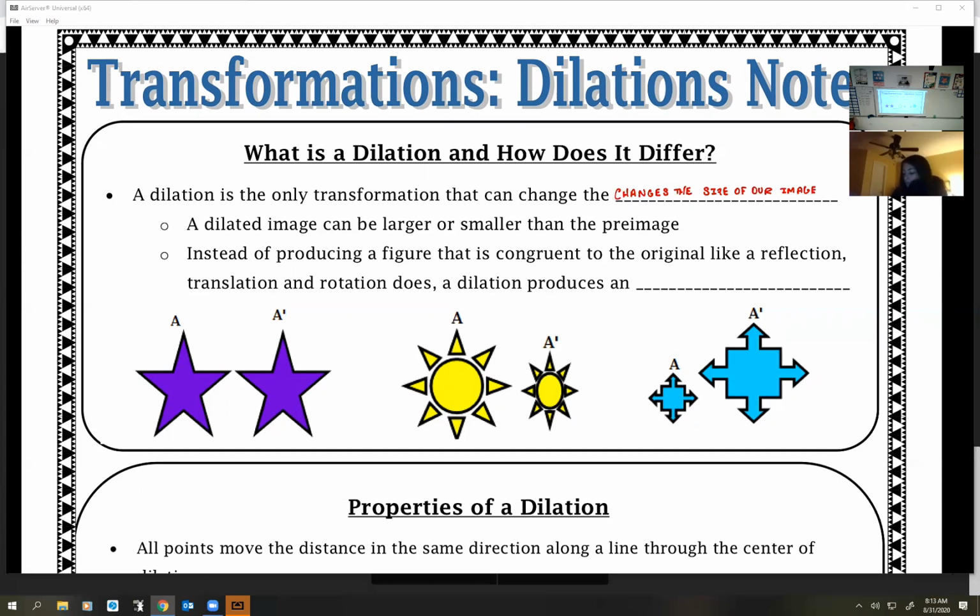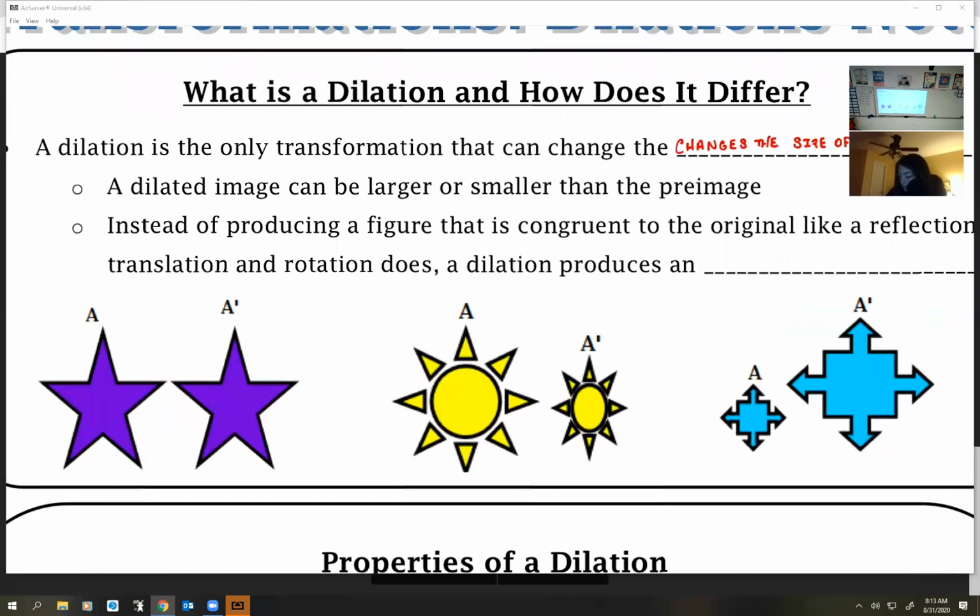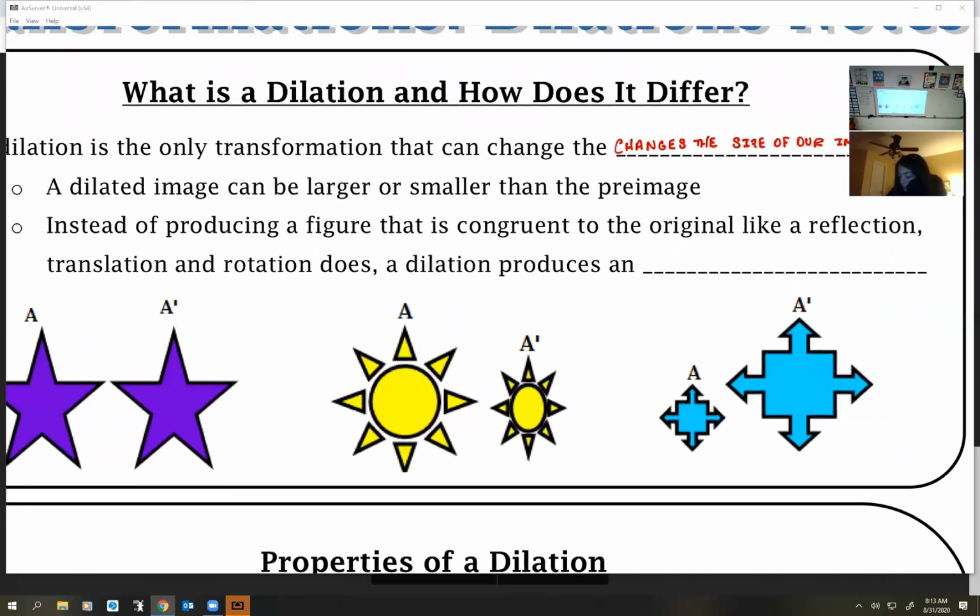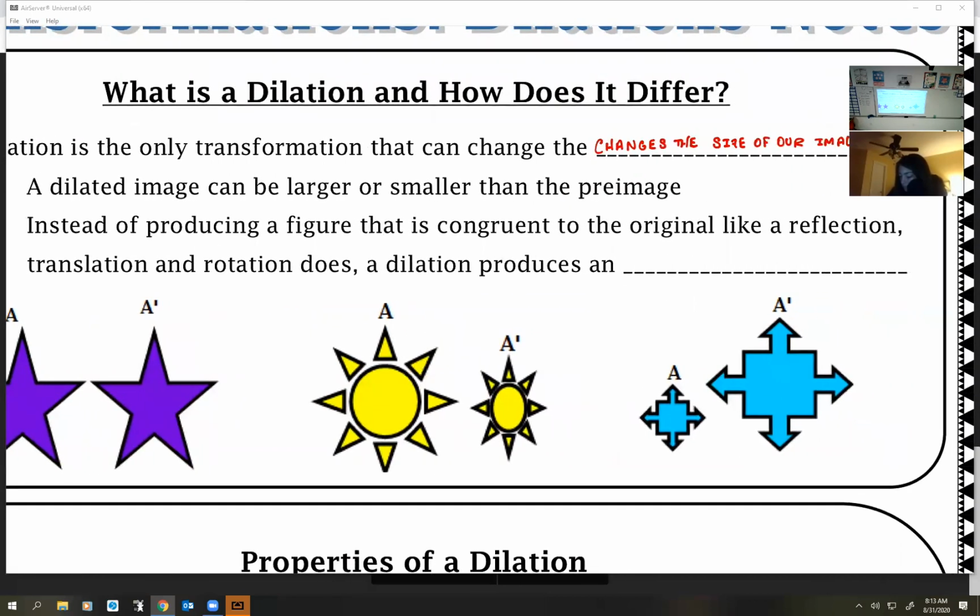It's going to change the size of our image. So a dilation is the only transformation that changes the size of our image. Okay, a dilation can be larger or smaller than the preimage, and instead of producing a figure that is congruent, what does congruent mean?